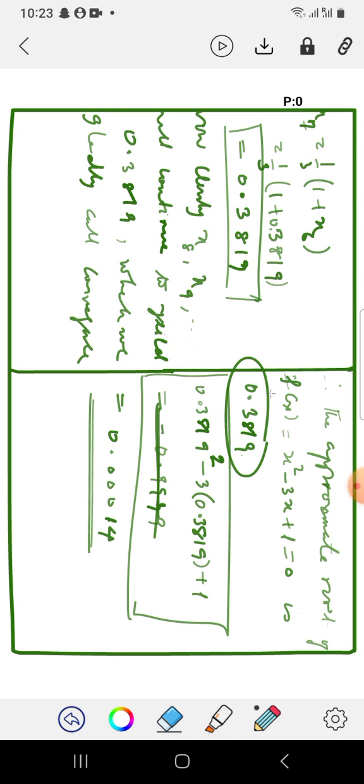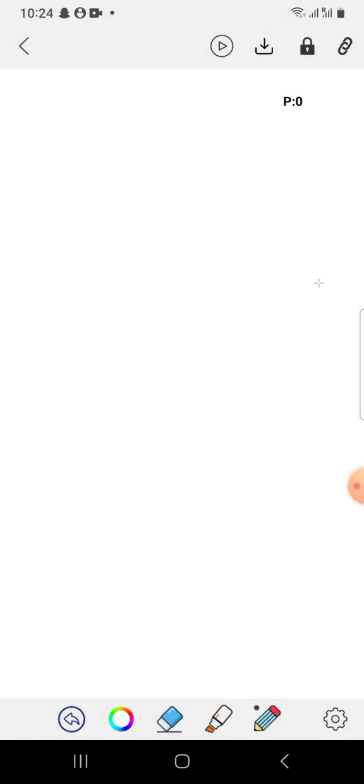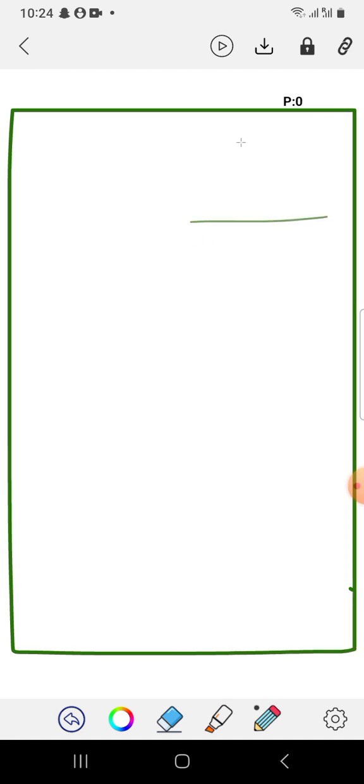Now it's a quadratic equation. Let me save this page and do some talk. It's a quadratic equation, so you would expect, I don't have to, because the class is practically over, something like this.